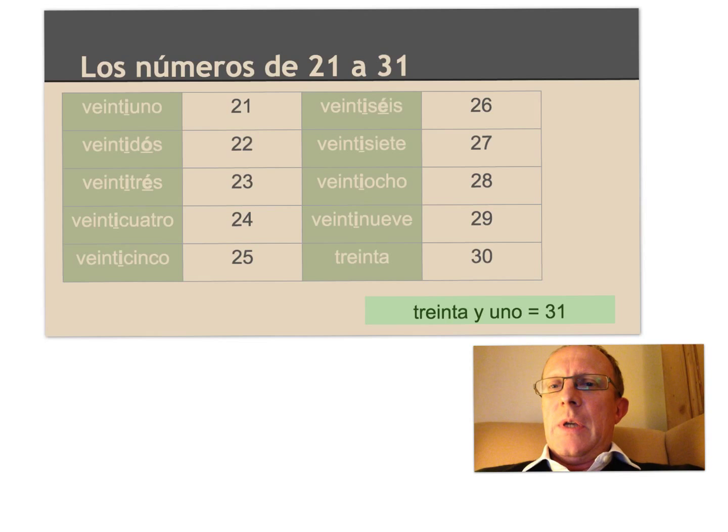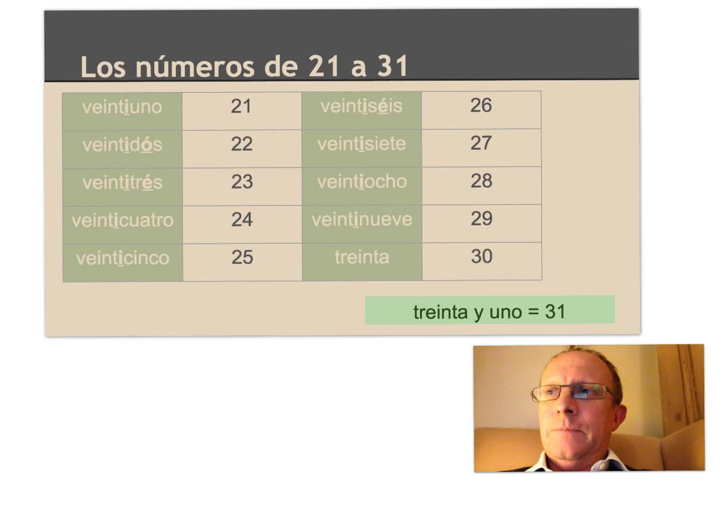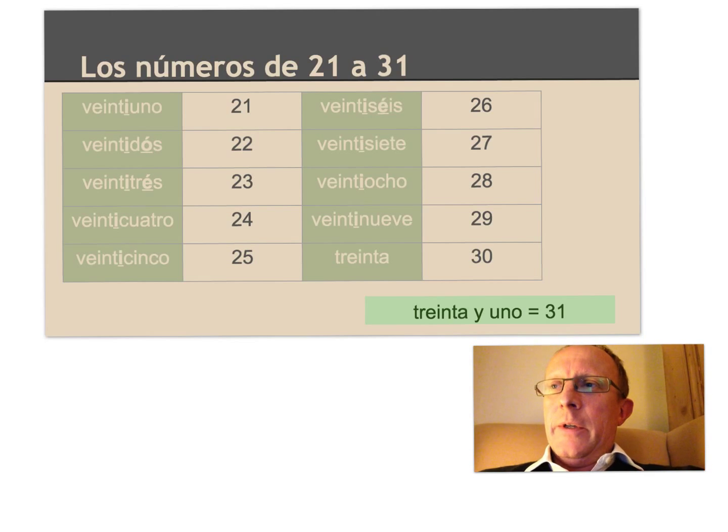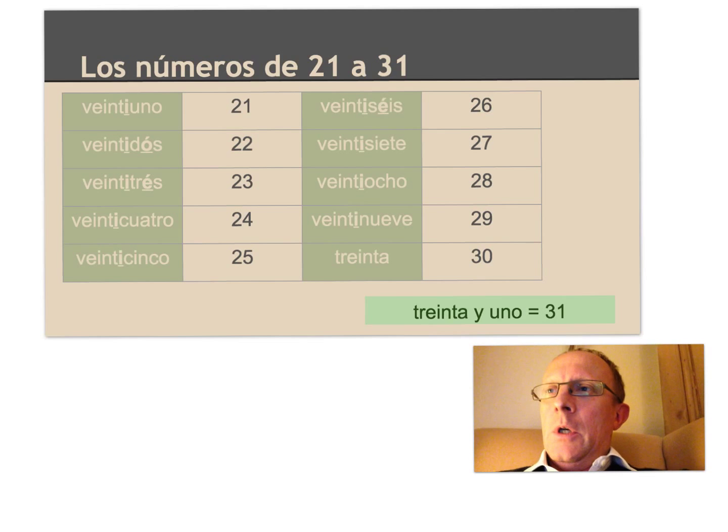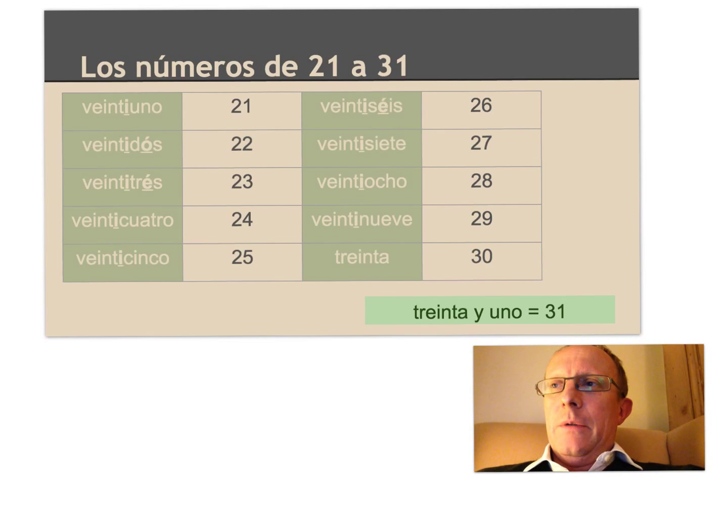But when we put it together with the word for and, which we can see when we're looking at 31, 30 and 1, the Spanish literally says, the numbers in the 20s run this all together into one word. And so the Y in 31 becomes an I written in the middle of the word.